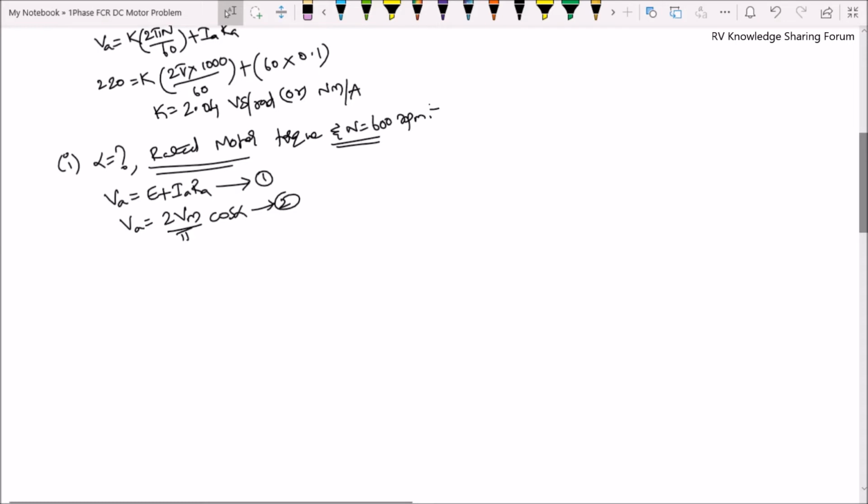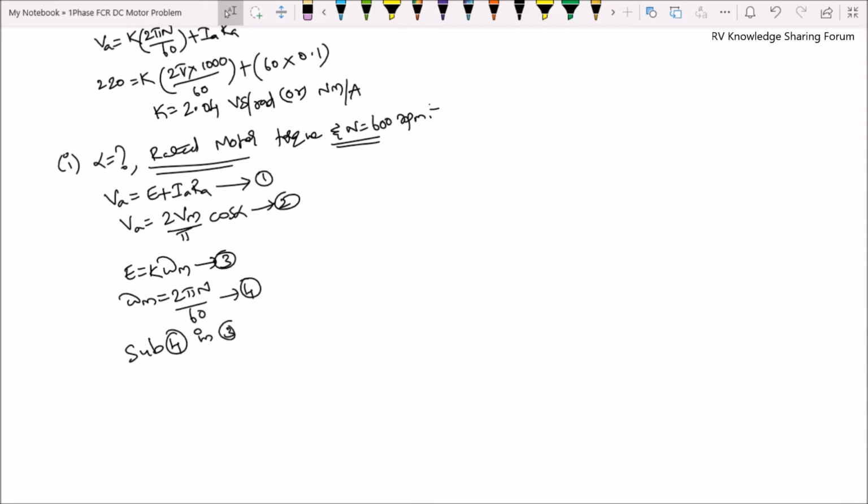We also know that E is equal to K into omega m. Let this be equation 3. And also omega m is equal to 2 pi n by 60, equation 4. Now substitute 4 in 3, we get E is equal to K into 2 pi n by 60.